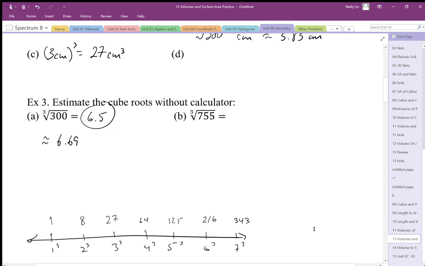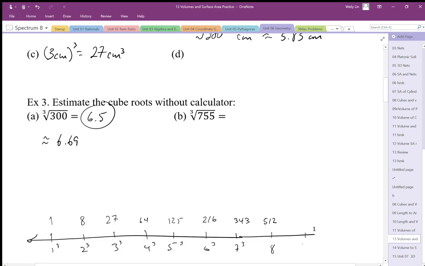When we talk about the cube root of 755, that one's going to be a little bit hard. This one is probably a little bit bigger than what I would expect you to do without a calculator, but let's work out 8 cubed here. 8 cubed is 512.